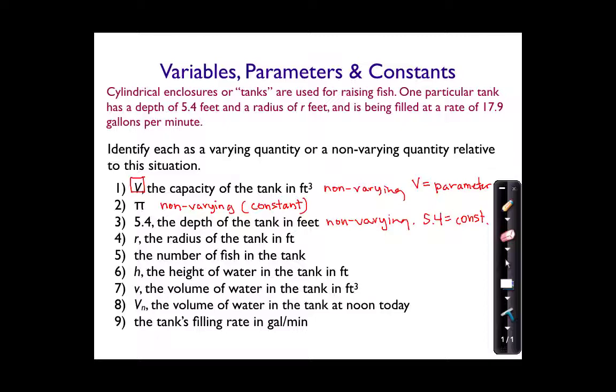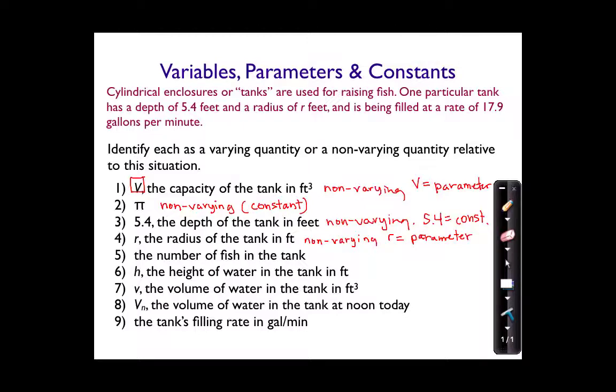So as this isn't changing in this situation, this concept is a non-varying quantity, the radius of the tank, and the symbol r is a parameter, just like V was. So if I gave you a value for r to use for this problem, then you could find the corresponding value of V, since we already know the height, the depth, however you want to state that.